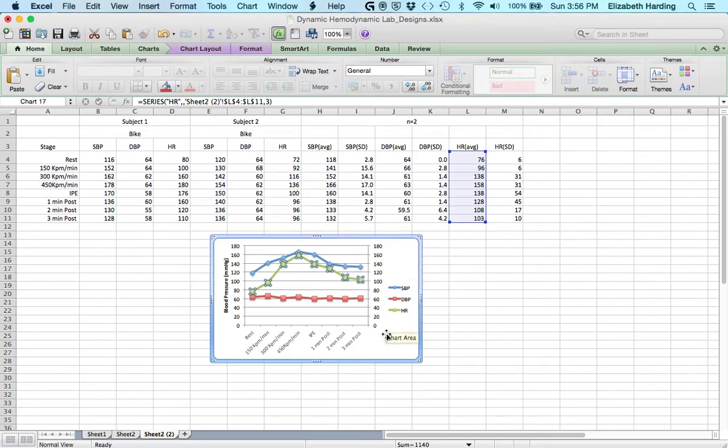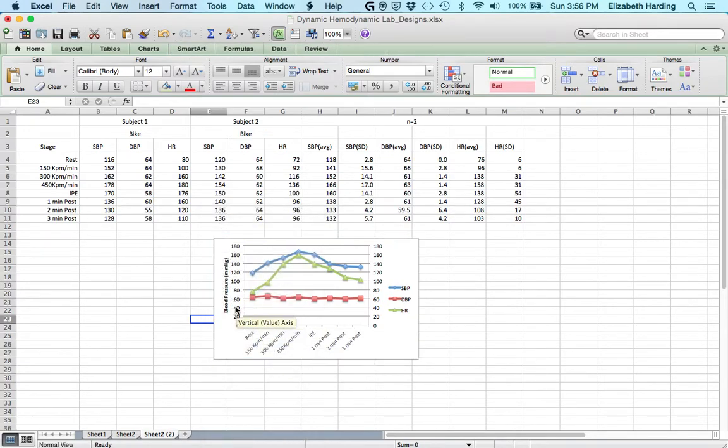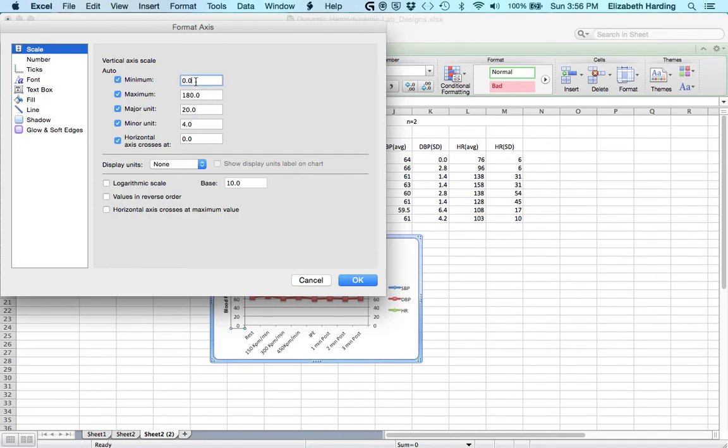And there we go. Now I have a lot of space right here that I'd like to get rid of, and since neither one of our subjects dipped below 40 as far as their blood pressure or heart rate was concerned, I can go ahead and change that. I'm going to set the minimum to 40, and I'm going to take the maximum up to 200.